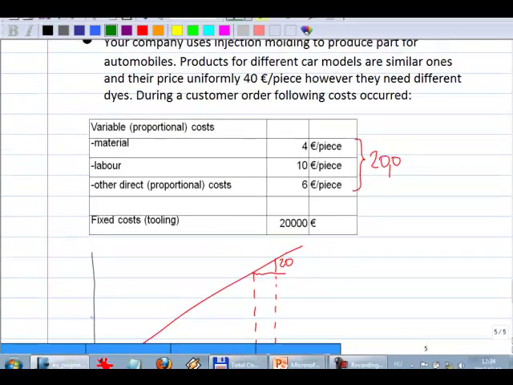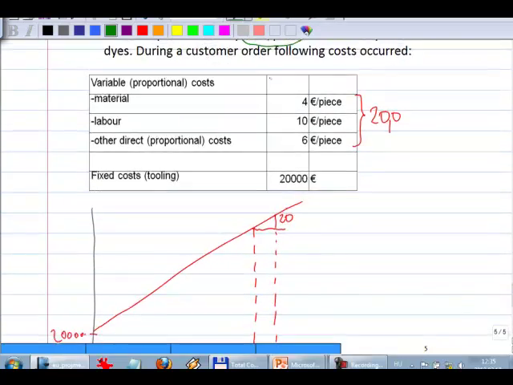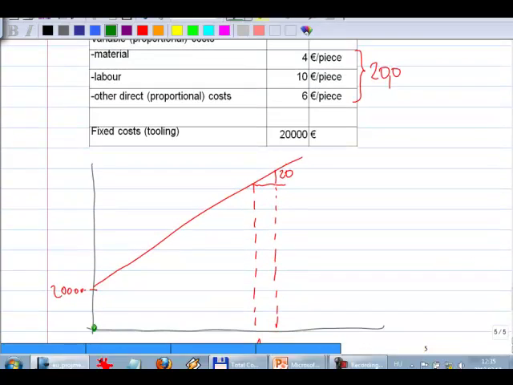Look at the data. 40. Good answer. 40. This is revenue and that is the total cost.